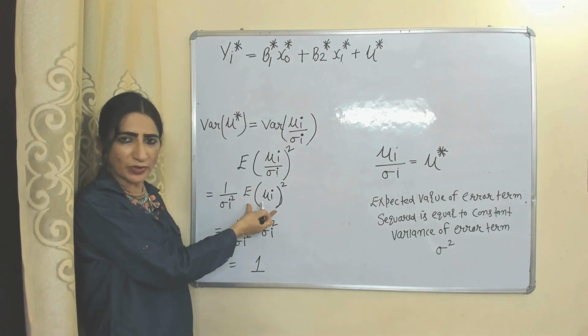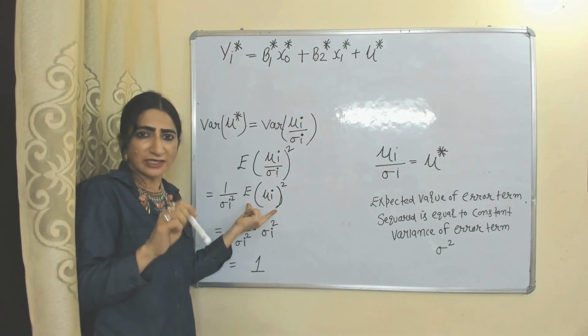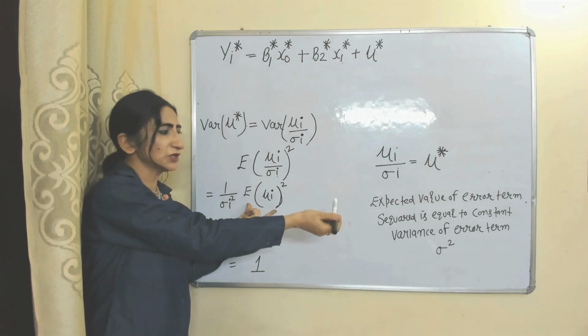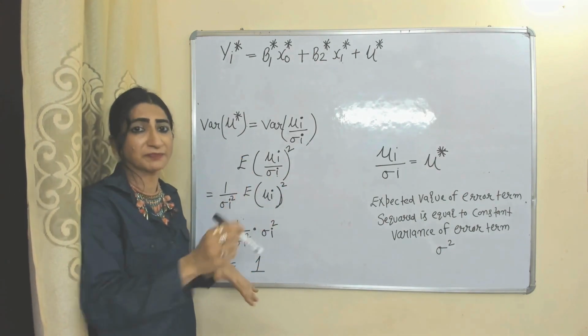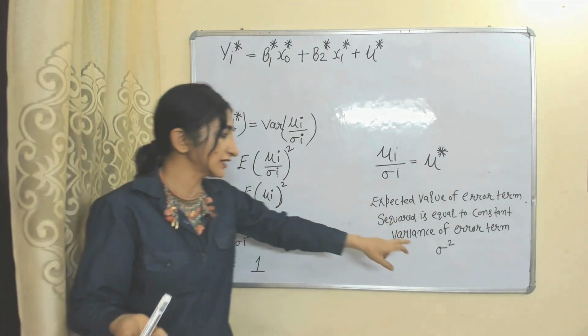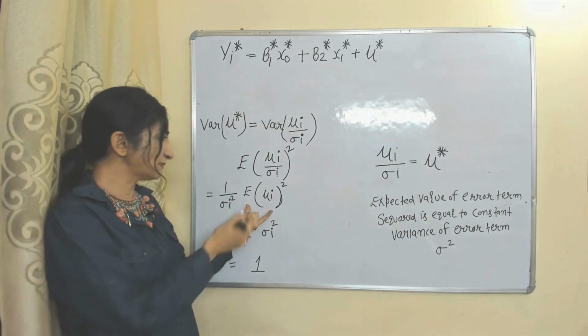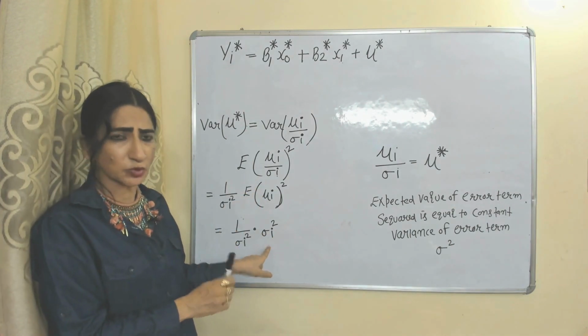This is called the expected value of the error term squared. As we know, in the classical linear regression model, under the assumption of homoscedasticity, the expected value of the error term squared is equal to the constant variance of the error term, which is represented by sigma square. That's why in place of the expected value of the error term squared, we write sigma square.